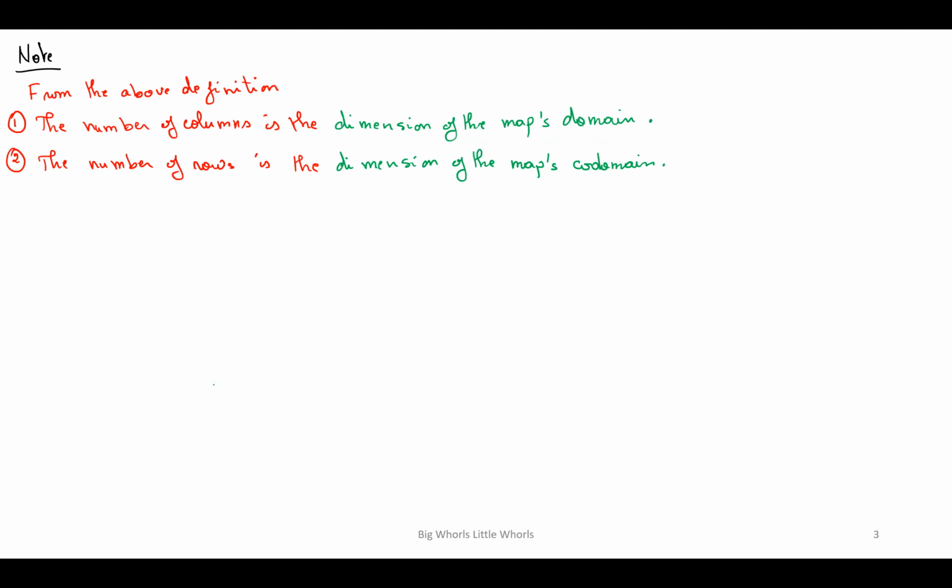Okay, so let's continue. This is going to be a big theorem, so let me go to the next page. Theorem. Here again, we are going to assume two vector spaces.